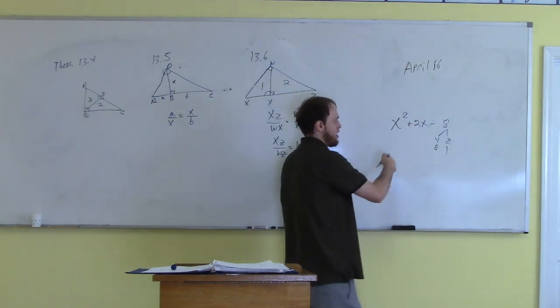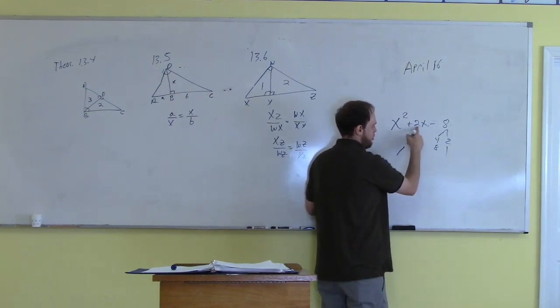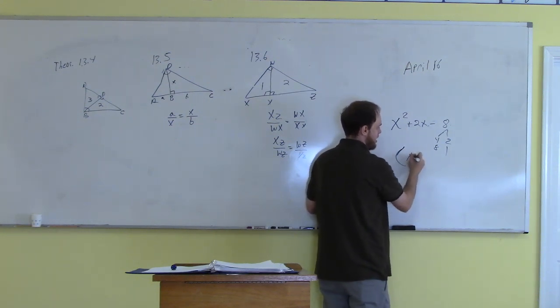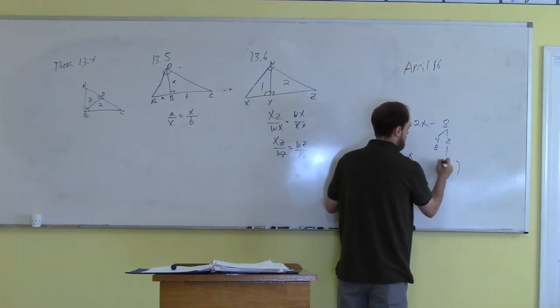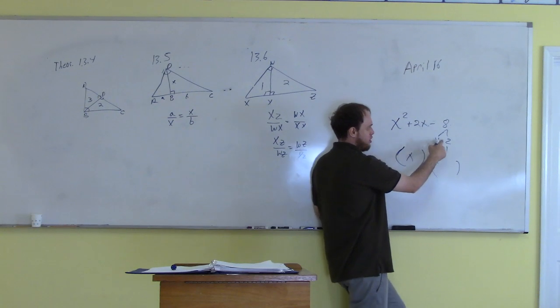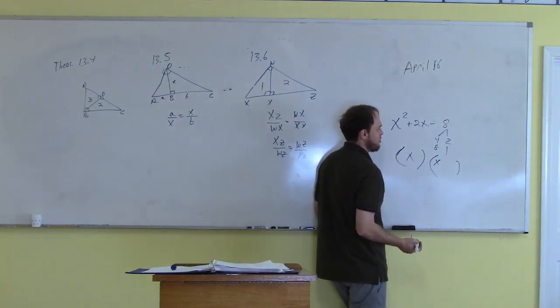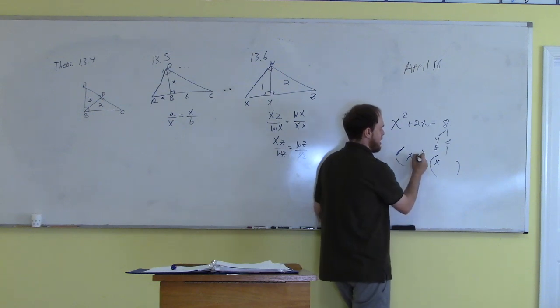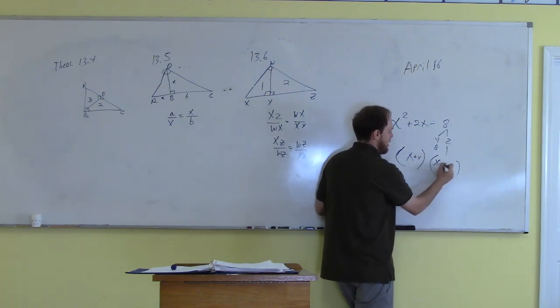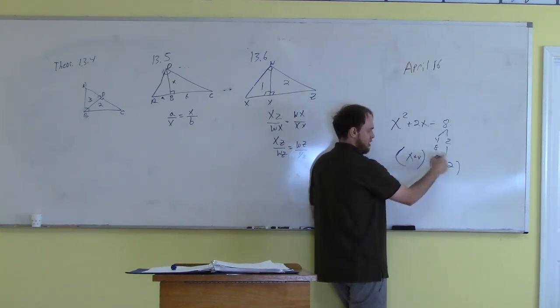So you do the factors of 8, and then you're trying to get to an x squared here, and to the 2x. So your factors would be the x, and then the factors here. The minus tells you different signs, so one's going to have to be a positive, one's going to have to be a negative, and so it would be x plus 4, x minus 2, and then that will check, you would get negative 2x, 4x, 2x.